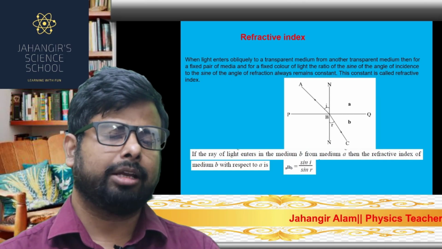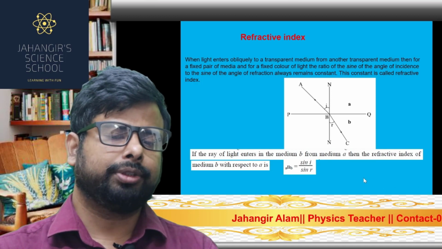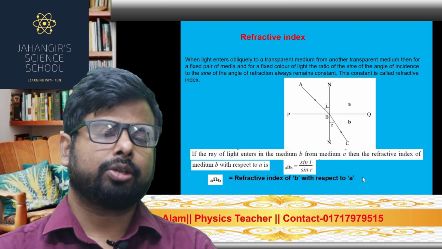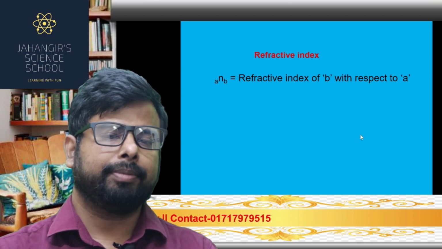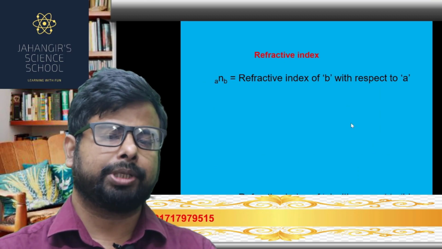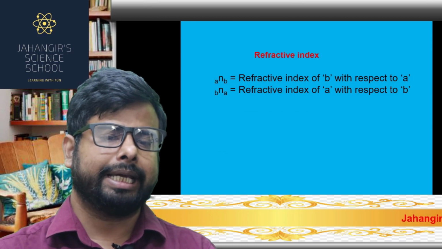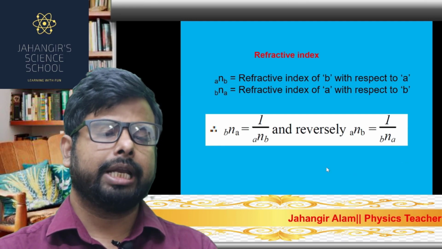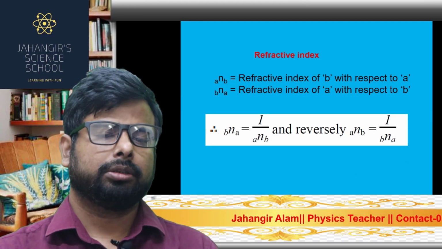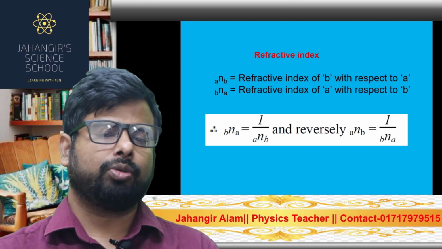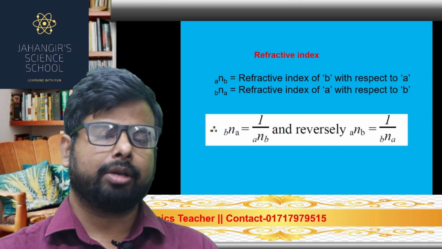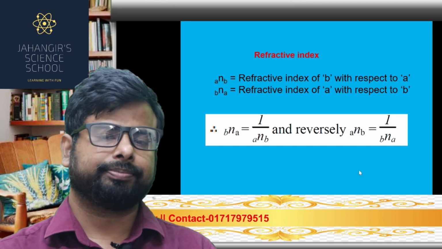Here i is the angle of incidence and r is the angle of refraction. aηb is the refractive index of B with respect to A. On the other hand, bηa is the refractive index of A with respect to B. There is a relation: bηa = 1 / aηb. Reversely, aηb = 1 / bηa.